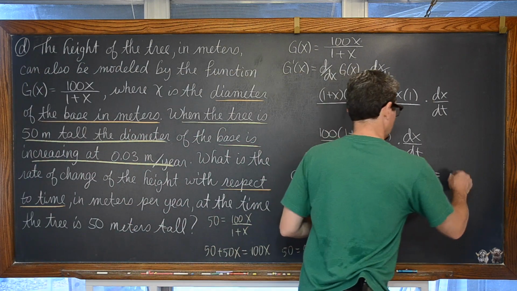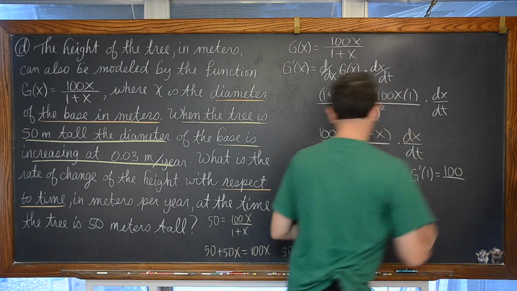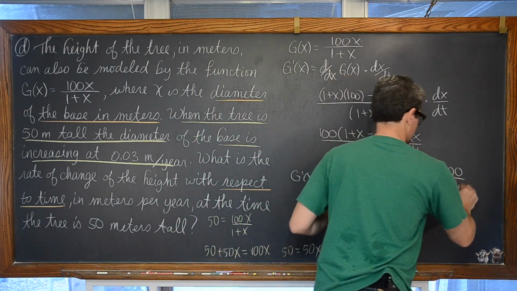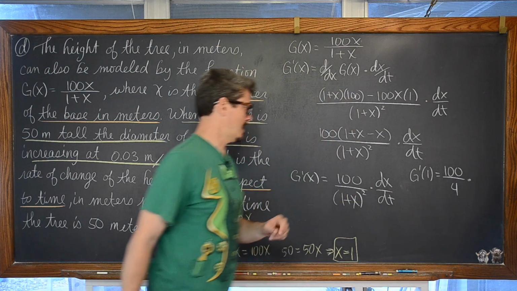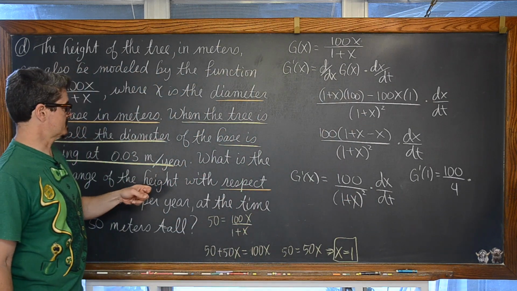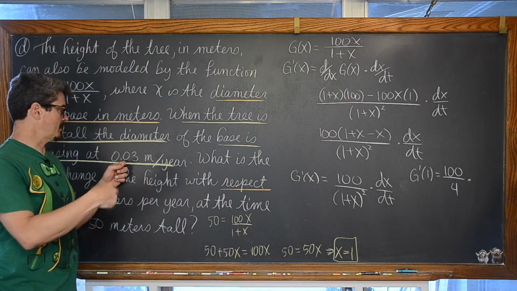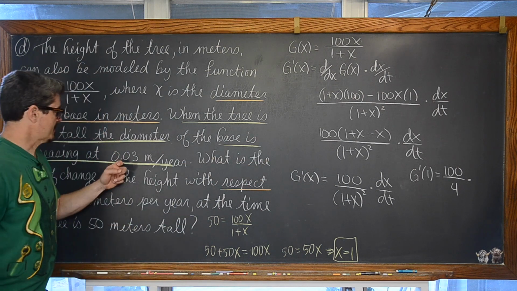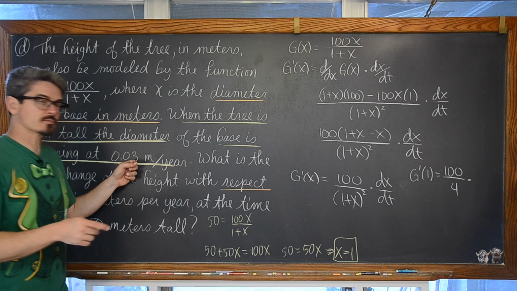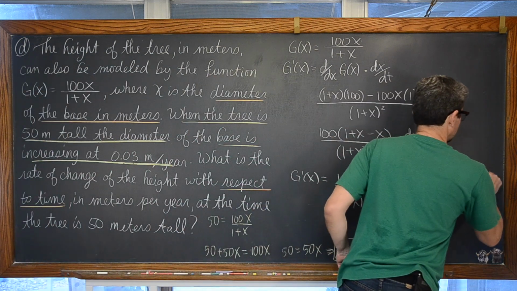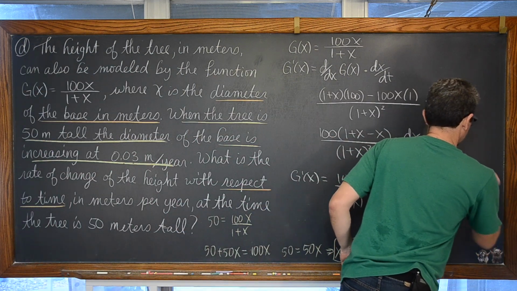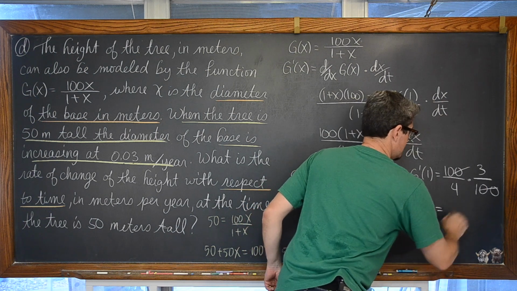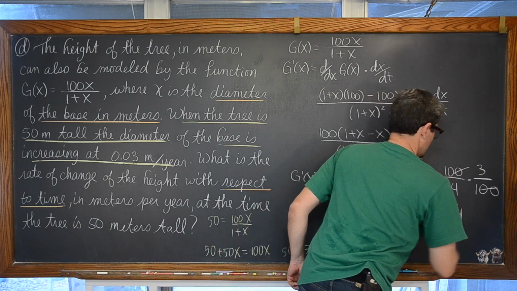That's equal to 100 over 1 plus 1 squared, which is, of course, 2 squared, which is 4. Now, I'm not going to put in this 0.03 meters per year as is; I want to be able to simplify that. That's the tenths, that's the hundredths, so that's 3 over 100. The hundreds cancel out, and we have g prime of 1 is equal to 3/4.